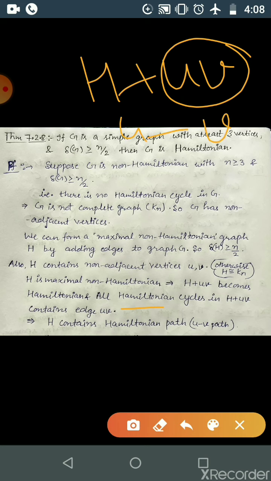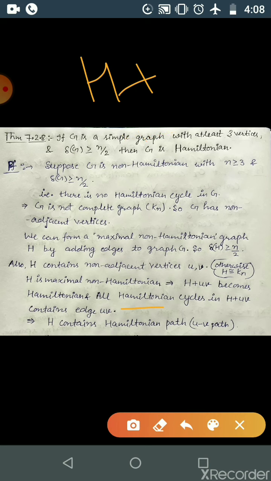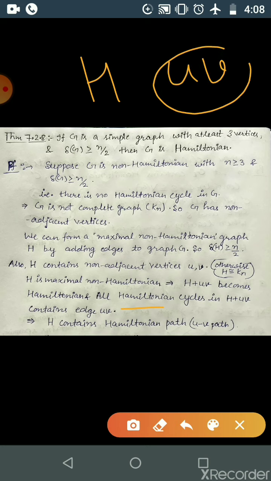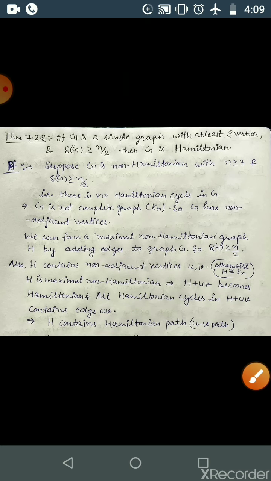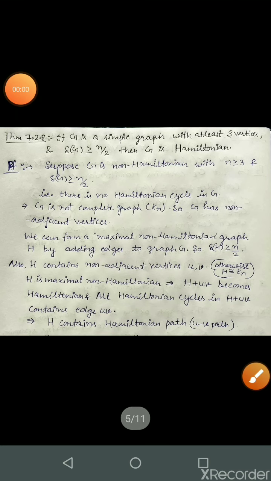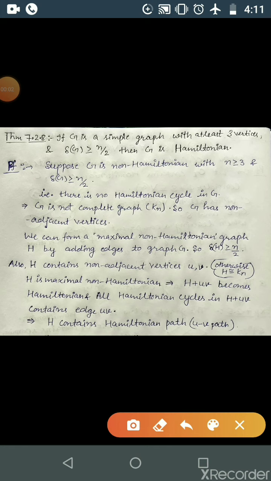A U to V path will be there, because in H, U and V are not adjacent, and if you remove the UV edge from the cycle in H plus UV, that edge becomes a Hamiltonian path. So H contains a Hamiltonian path, correct?